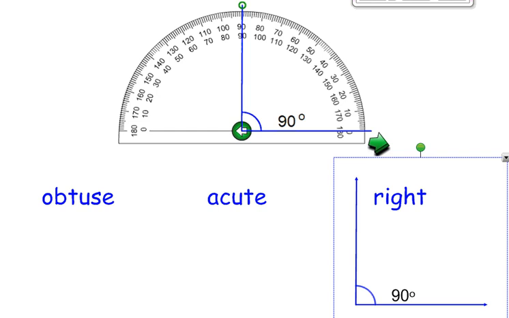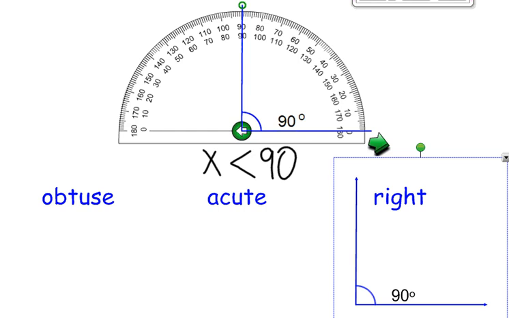From here, we can talk about our other two. We have obtuse and acute. Acute angles are going to be any angle that is less than 90. All right. So we don't know what the angle is necessarily, what the measure is, but it's going to be less than 90.